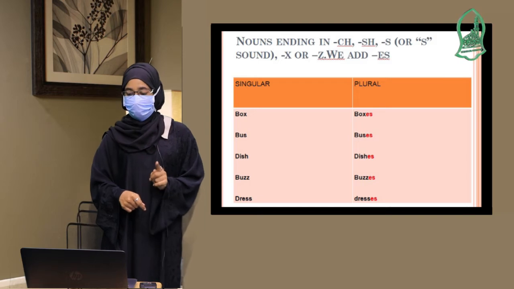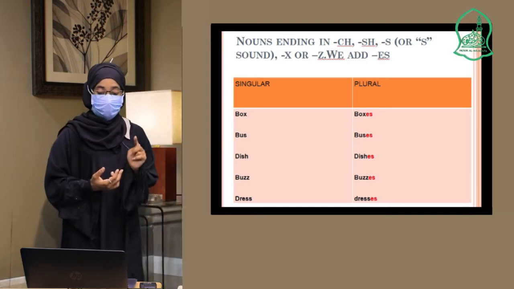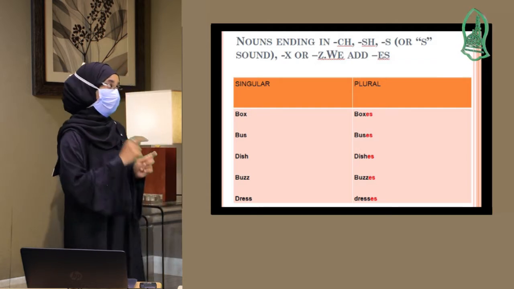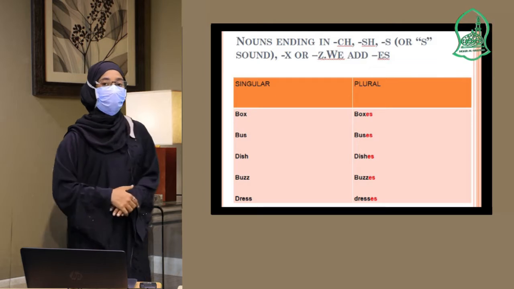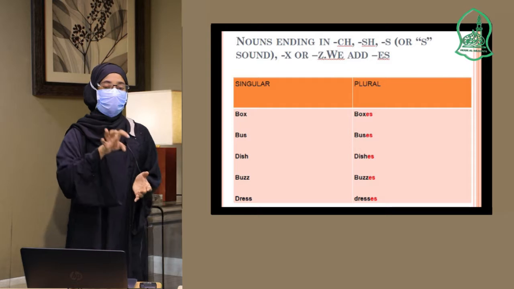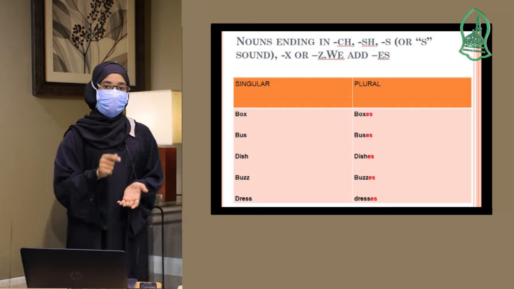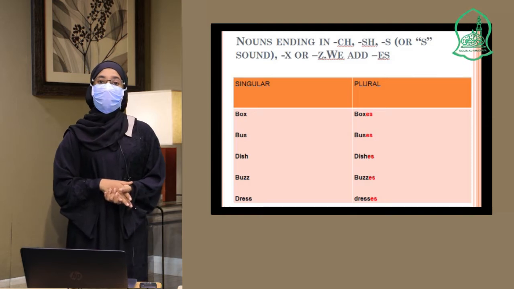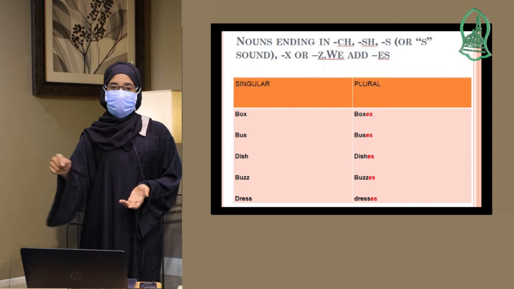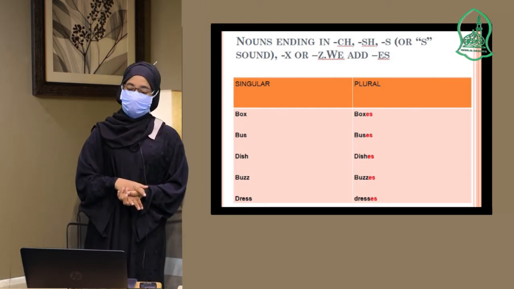So those words that are ending with ch, sh, x, z, we have to add es to make it a plural. For example, we have the word box. Box ending with x. So because if it's ending with x, we have to add es. That is the rule of English. The word that ends with x, we are adding es at the end of it to make it a plural.